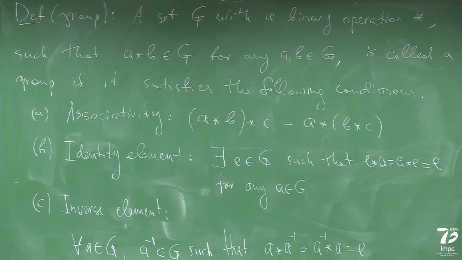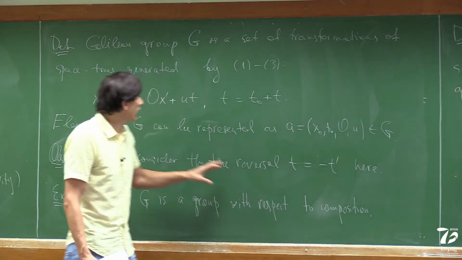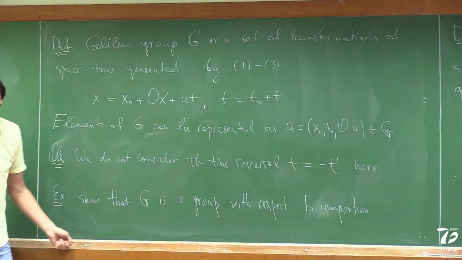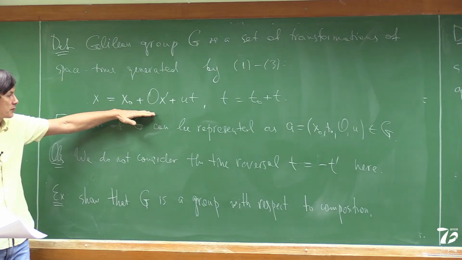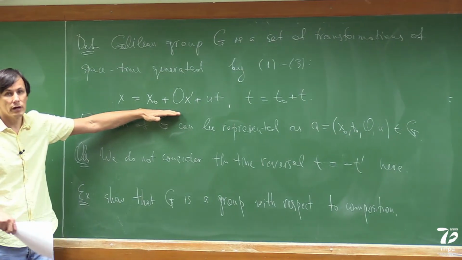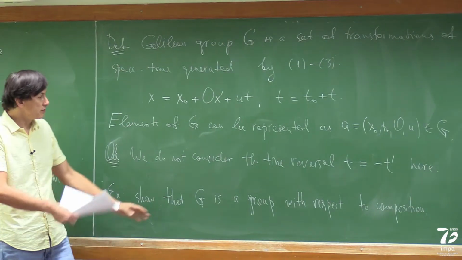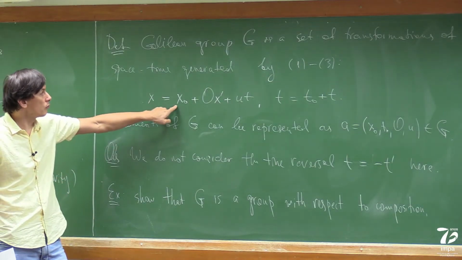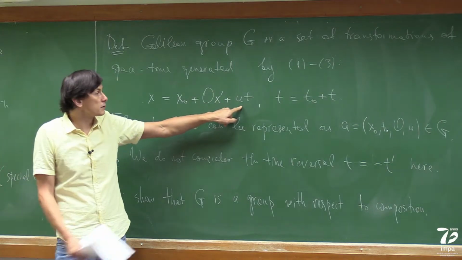in that sense. So what is the operation? Operation means a composition. So you take any element of group G, it changes coordinates. Now you can take another element of group G and change coordinates again. So the star means that you change coordinates the first time with respect to the first element A, and then make another change of coordinates with respect to element B. Right, so first you change origin, you rotate it and make the transformation to a Galilean frame.